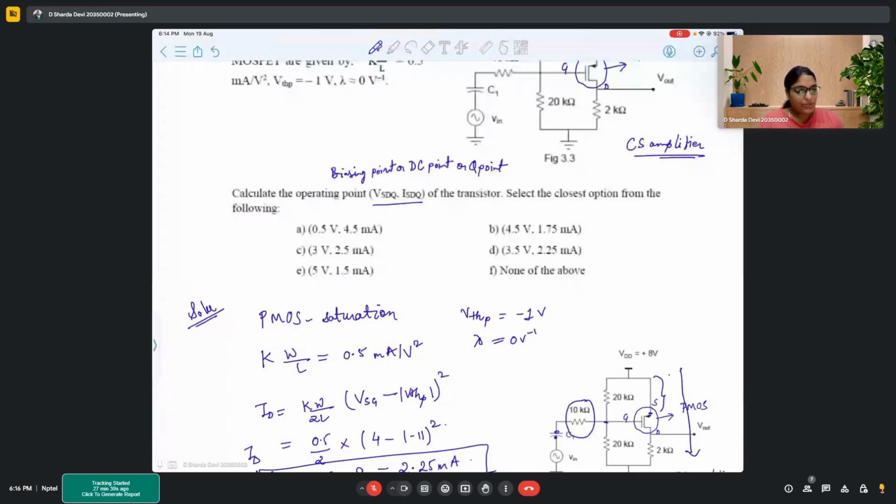Now, if we move on to the next problem. In this problem, we have to calculate the small signal gain AV for the circuit shown above. Consider that coupling capacitor C1 is shorted for the input signal.